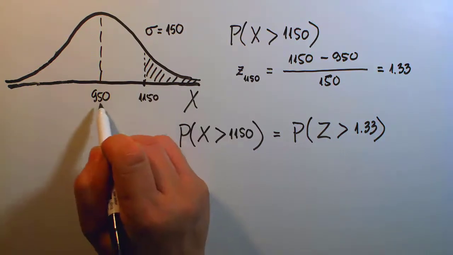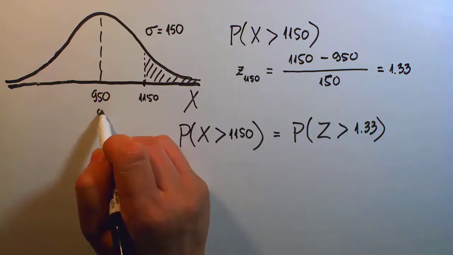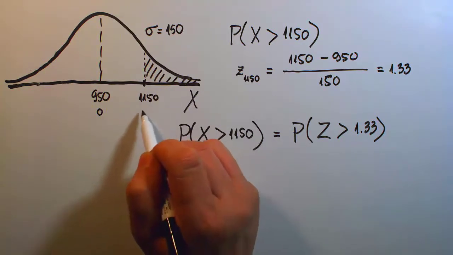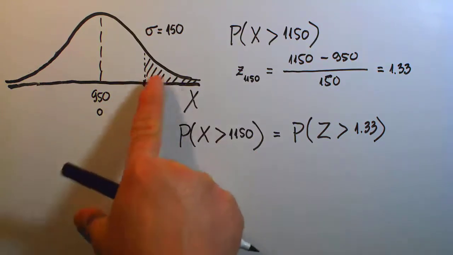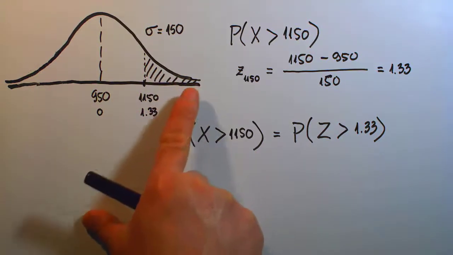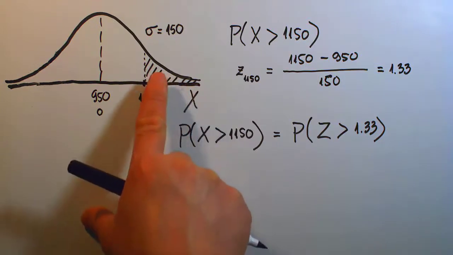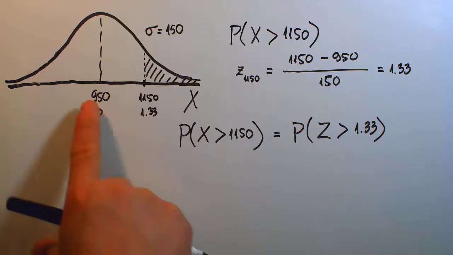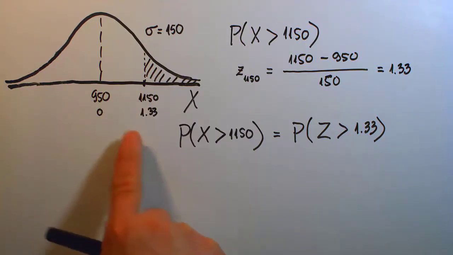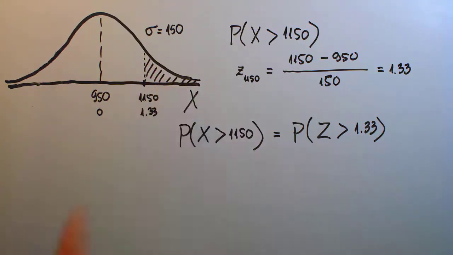This mean value is equivalent to z-score 0, so 1150 is equivalent to z-score 1.33. So this shaded area would be the same if you imagine that this curve were the standard normal distribution curve where all of these values are standardized into z-scores; it would be the same amount of area on that bell curve.